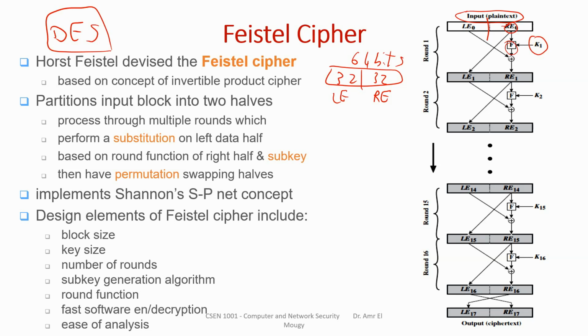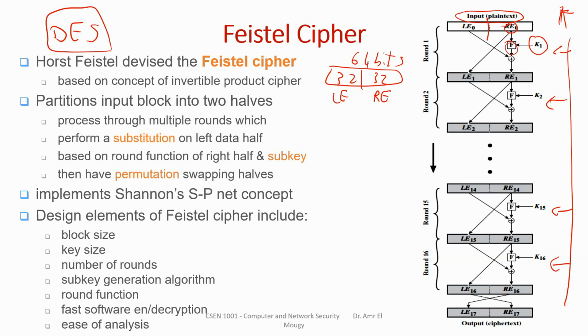Basically, just like any block cipher, you have to have a key K that is exchanged in advance between the sender and the receiver. The sender and the receiver exchange only one key, but they have an algorithm that is called the key schedule that generates round keys based on the original key.